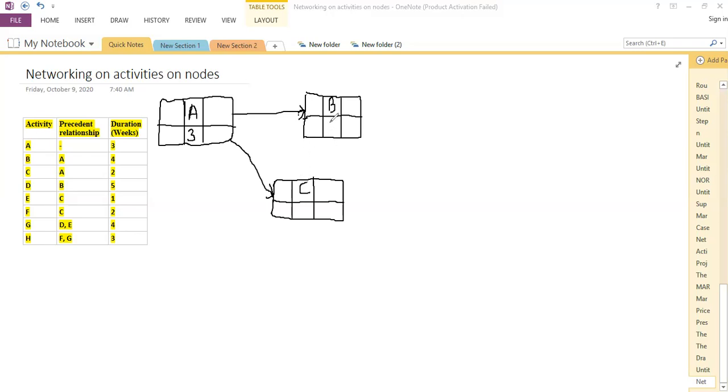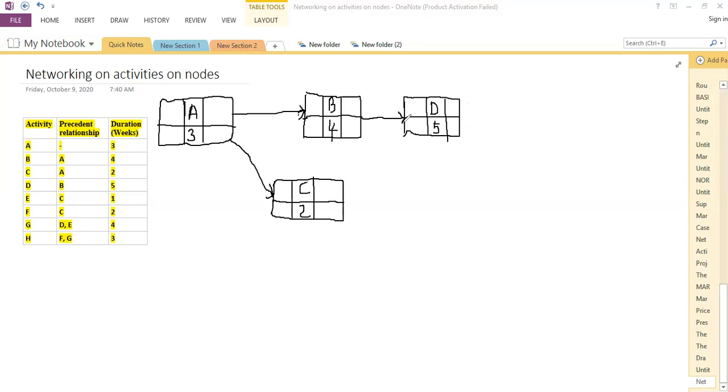B is going to take an amount of time of 4 weeks. C is going to take an amount of time of 2 weeks. Then activity B becomes the predecessor of activity D. So we have activity D here, whose amount of time given is 5 weeks.